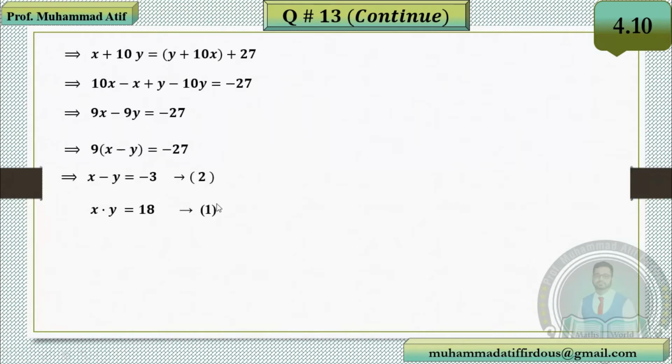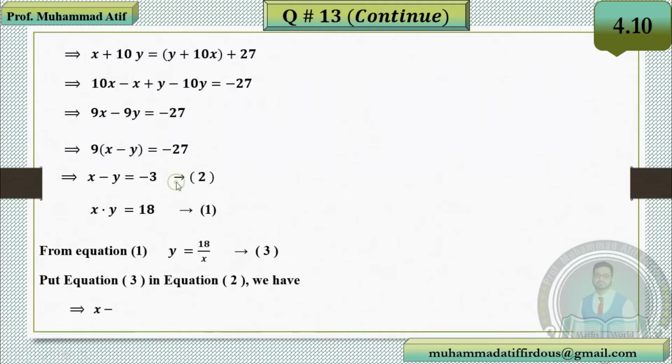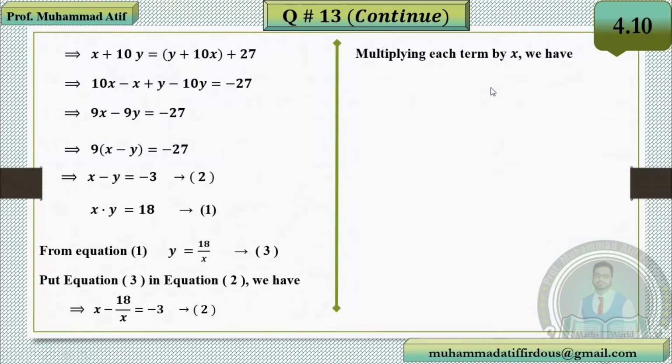Now solve equations number 1 and 2 simultaneously. From equation 1, write the value of y and put this value of y from equation 1 into equation 2. Simplifying, after multiplying by the LCM on both sides, your LCM is x, multiplying by x on both sides, we have x square plus 3x minus 18.